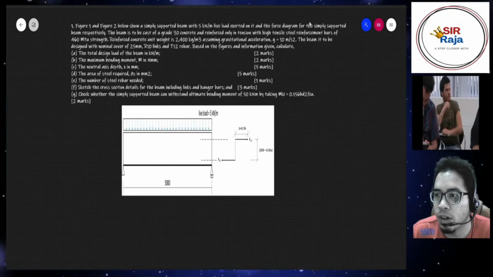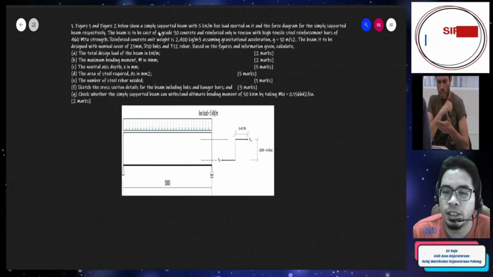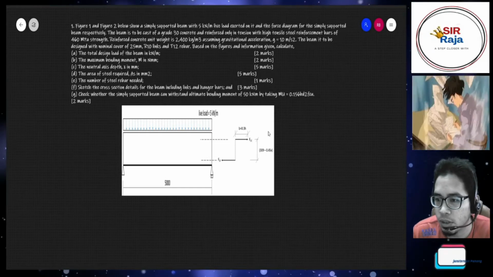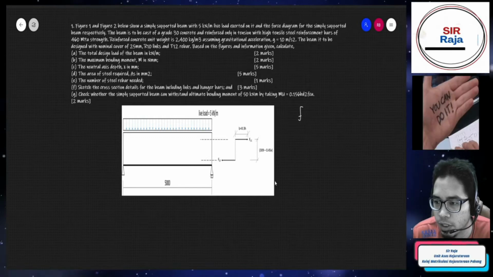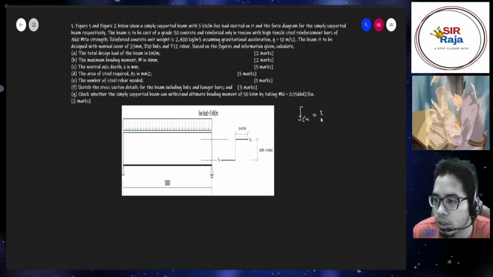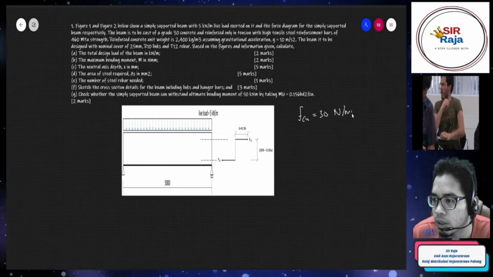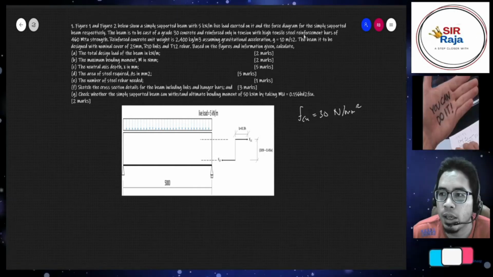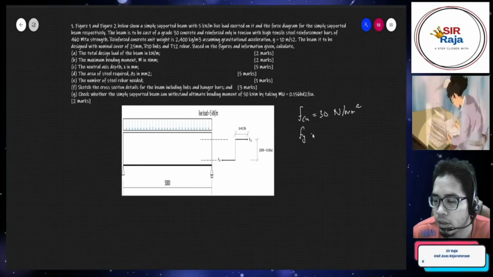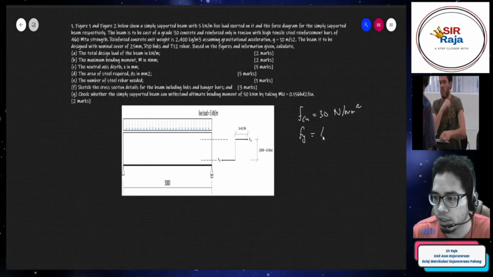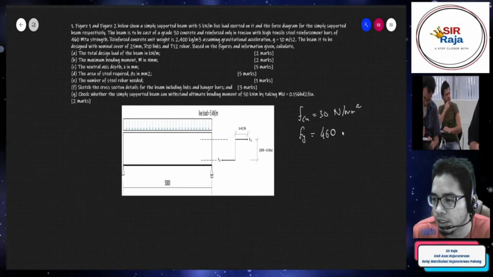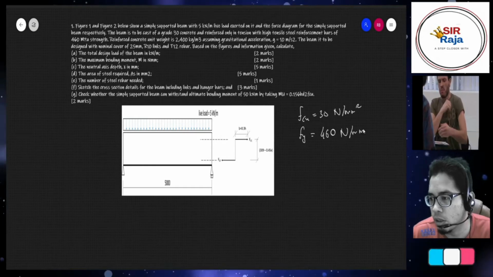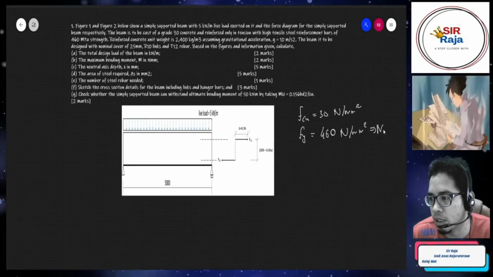First of all, it's mentioned here the grade of the concrete is 30, so we write down here our FCU will be 30 Newton per millimeter square, and then our Fy, the steel strength, is 460 megapascal, which is actually the same as Newton per millimeter square.